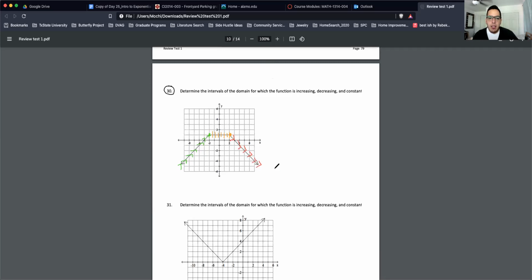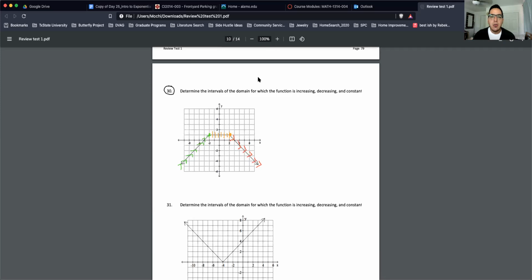Okay. So essentially what we're saying is that this graph or this function has 3 different behaviors that we've been able to label on the graph. There's a part of the graph that is going up, labeled by these green arrows that I've drawn, where it's flat or constant, which I've labeled by just orange straight lines, and then where it's down or decreasing, represented by the red arrows pointing down.